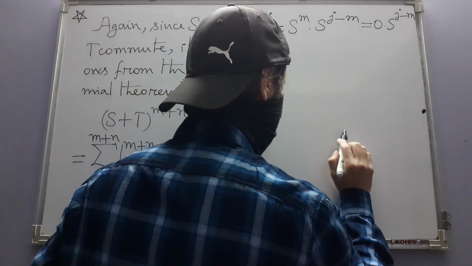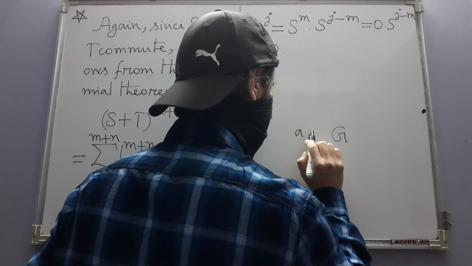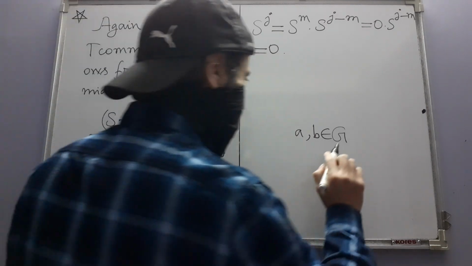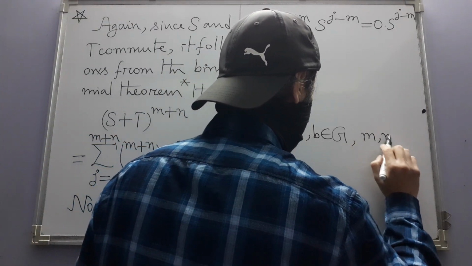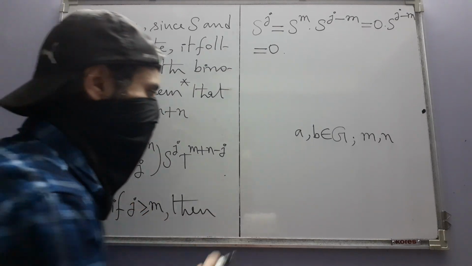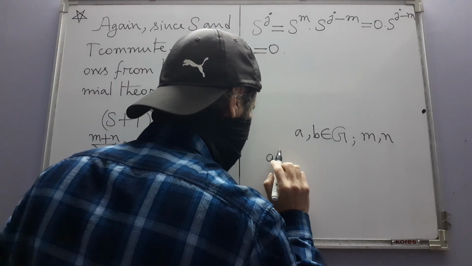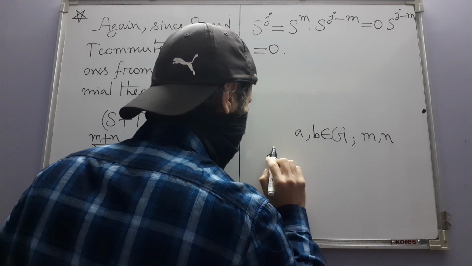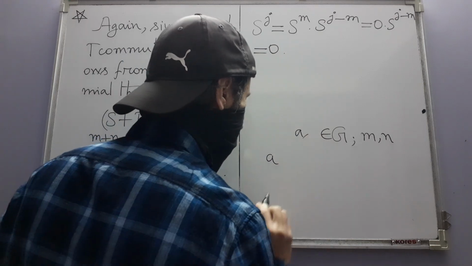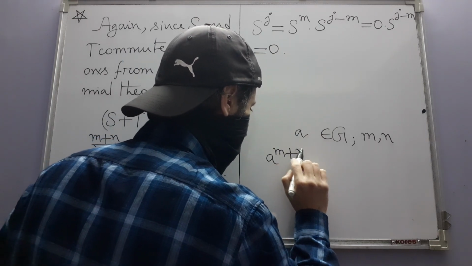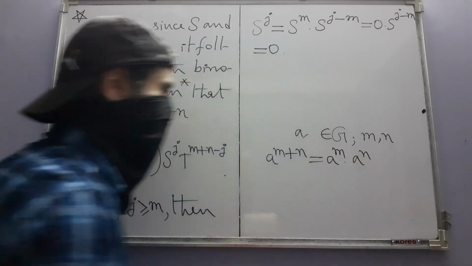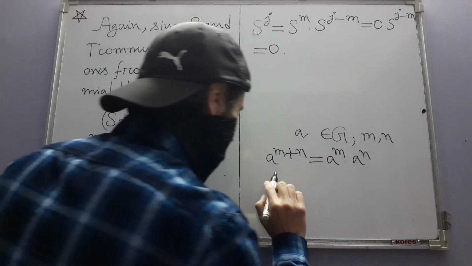For example, if G is a group and you have two elements A and B in G, then for any integers m and n whatsoever, they may be positive, negative, anything can happen. We have these two rules of exponents, right? Only one element is enough to state the rules of exponent. This is one of the rules of exponents and this is the other one.